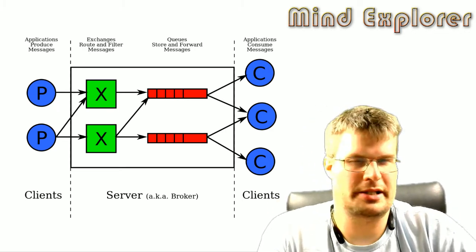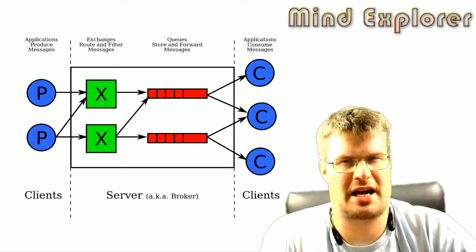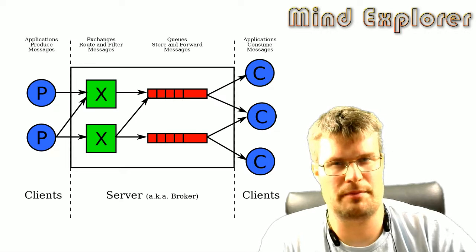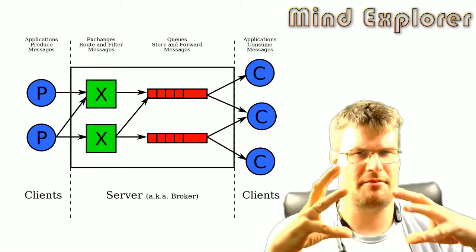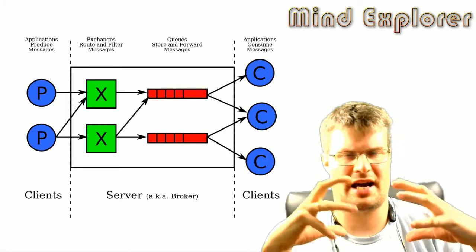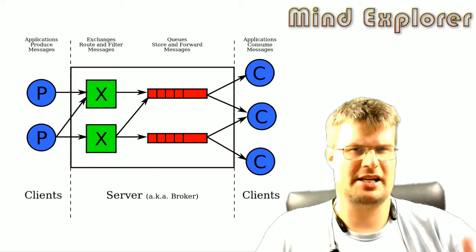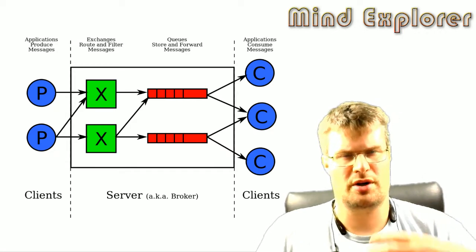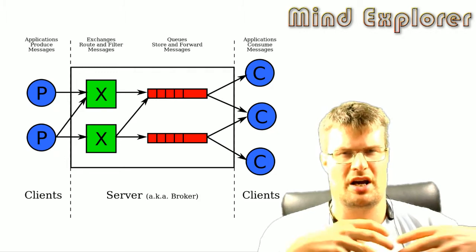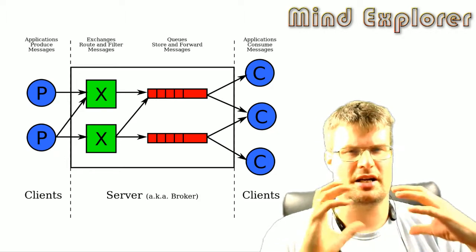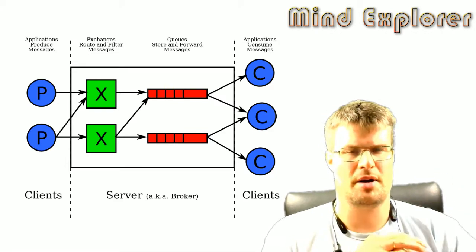Today I'm going to talk a little bit about RabbitMQ, and MQ stands for message queue or a message broker. So the concept is that you have some kind of service that takes a bunch of messages for you, filters them, puts them in different queues, and you have other services that pick these up and do some work on them.